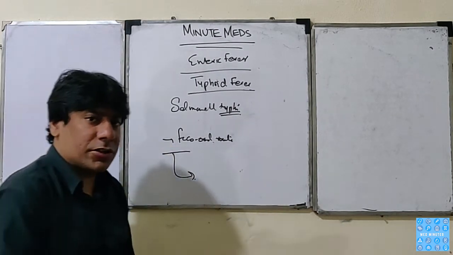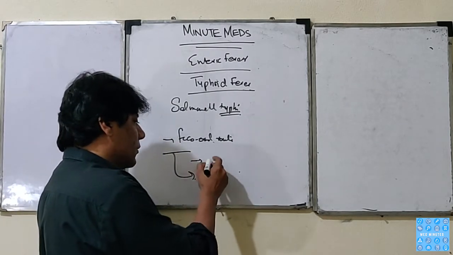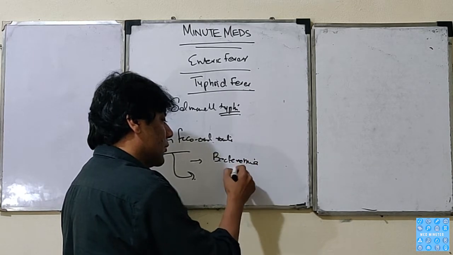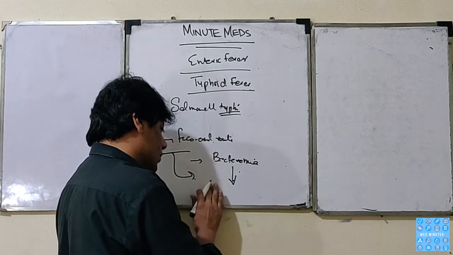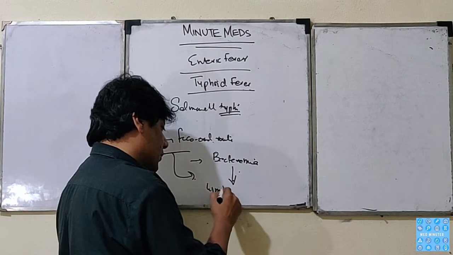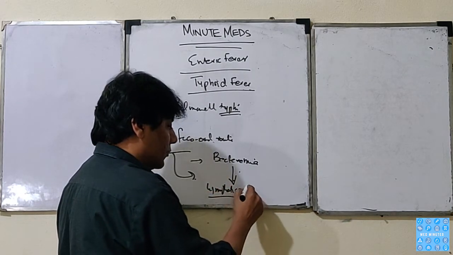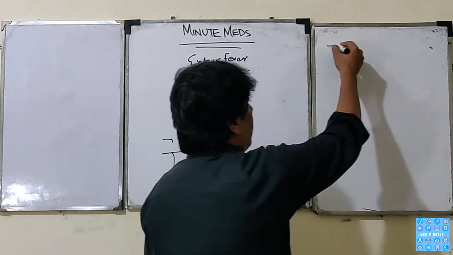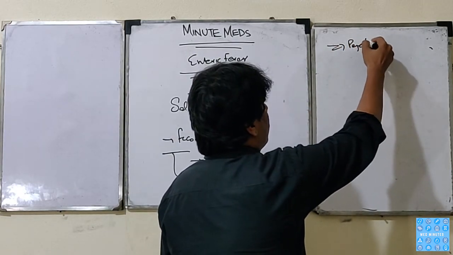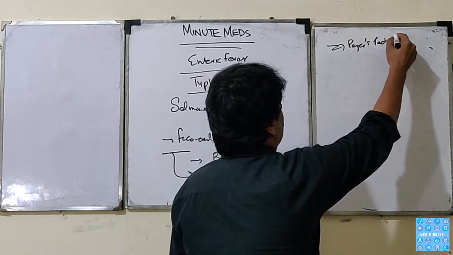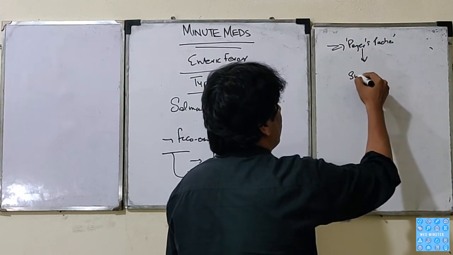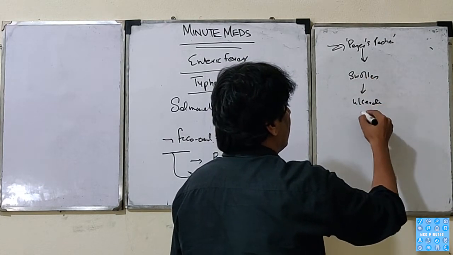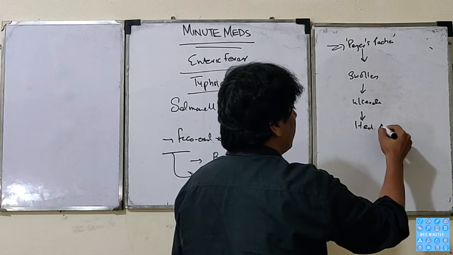After it is absorbed from the intestine, there is a time in which there is bacteremia, and then it settles down in the lymphatics of the small intestine, which we name the Peyer's patches. They get swollen, they ulcerate, and heal afterwards.